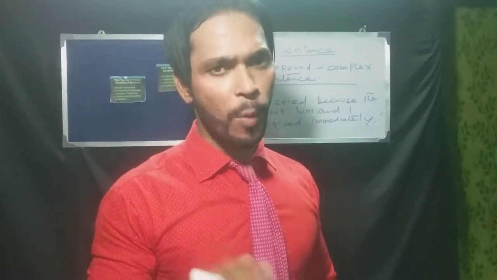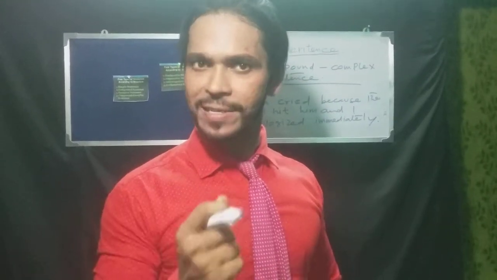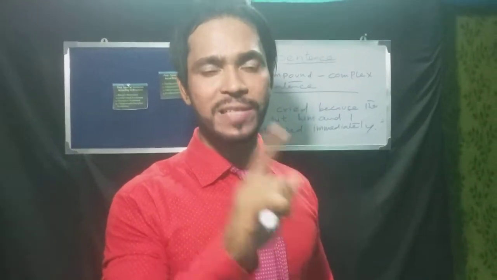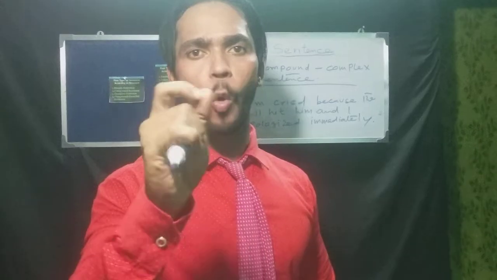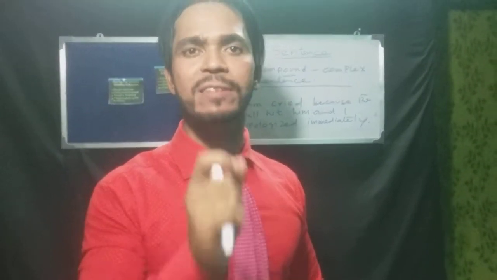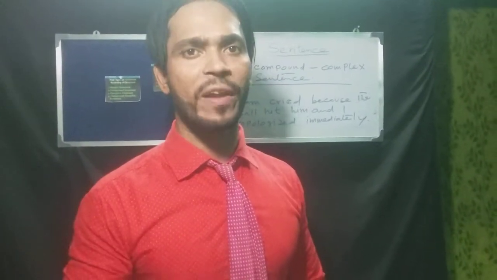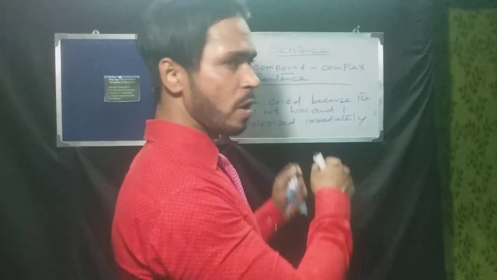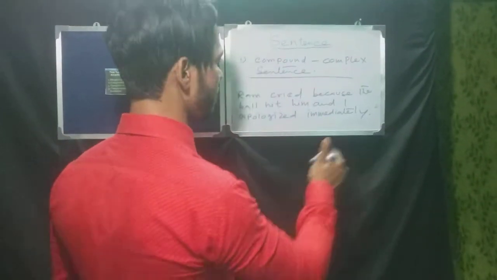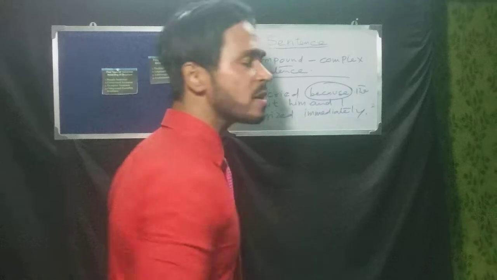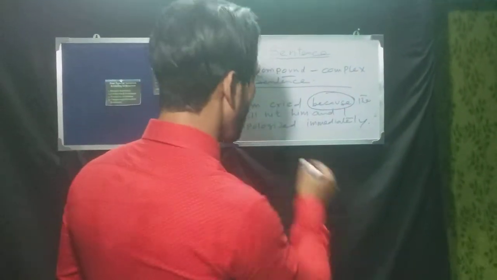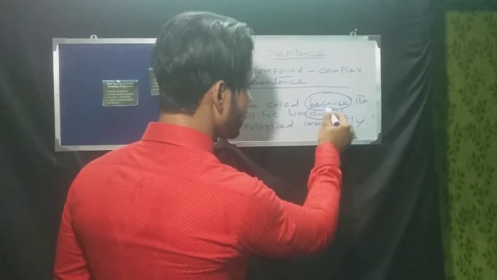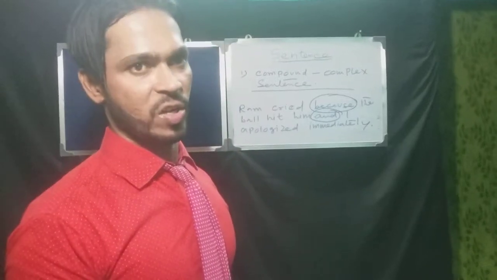It has both a coordinating conjunction and a subordinating conjunction. One sentence is joined with a coordinating conjunction and one sentence is joined with a subordinating conjunction. You can check it out in this example: because is a subordinating conjunction and and is a coordinating conjunction.